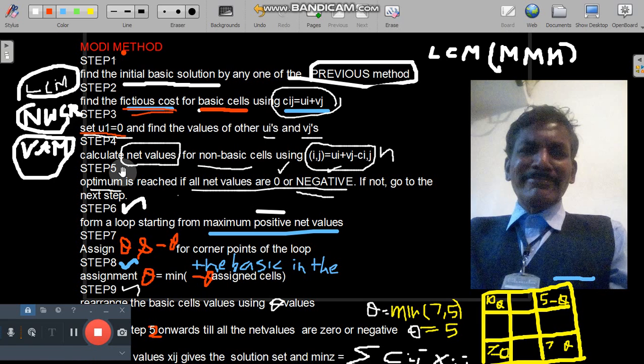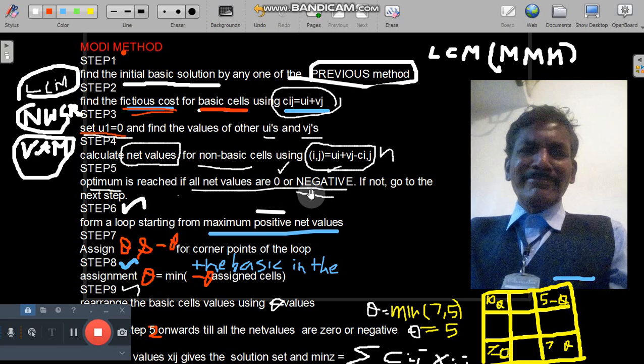Then fifth step, net values checking or optimum checkup: whether all net values are 0 or negative. That's all, the problem is over. That will give you the final solution.